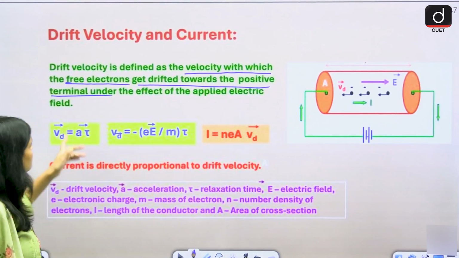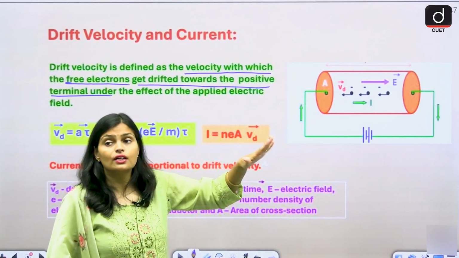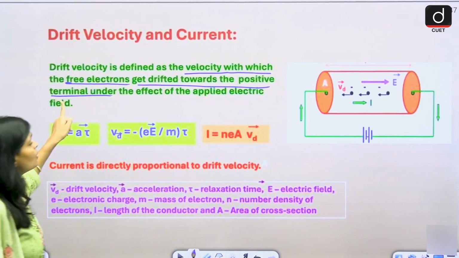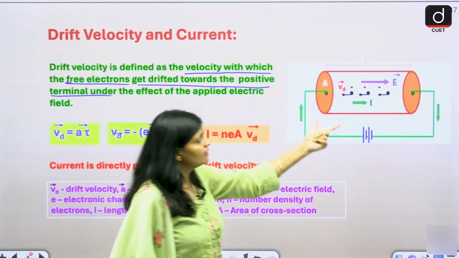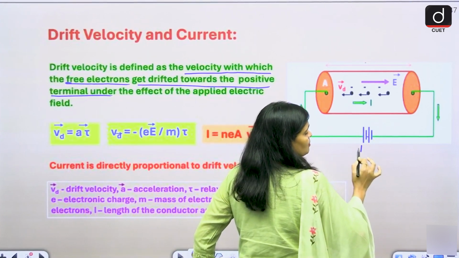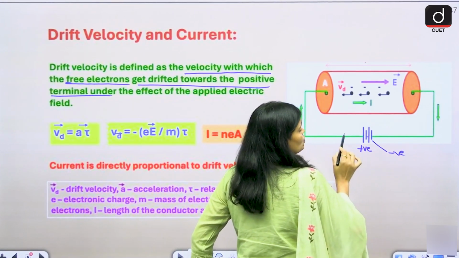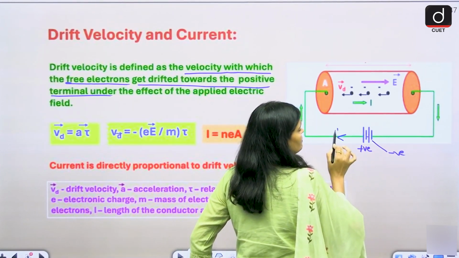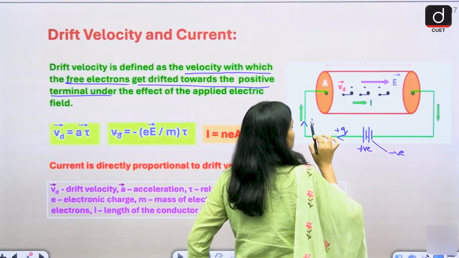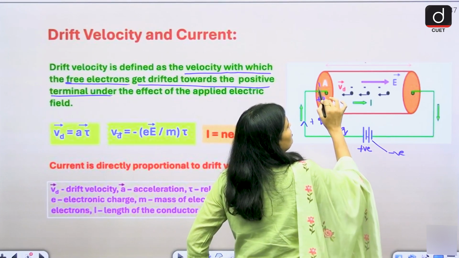The free electrons get drifted towards the positive terminal. Here this is the battery, this long one is the positive terminal and this short one is the negative terminal. From the positive terminal, positive charge starts coming and accumulating here.